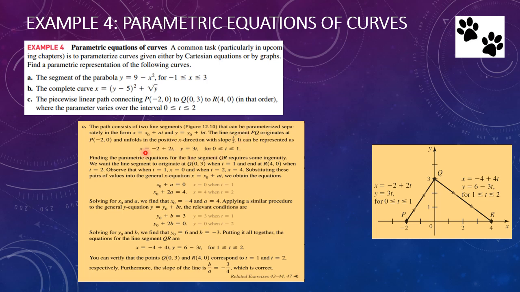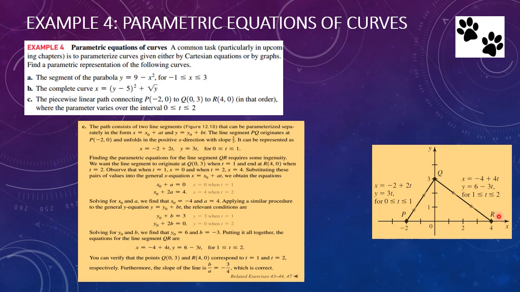And so we have those two values, if you will. So we have x equals -2 plus 2t, and y equals 3t for t between 0 and 1.